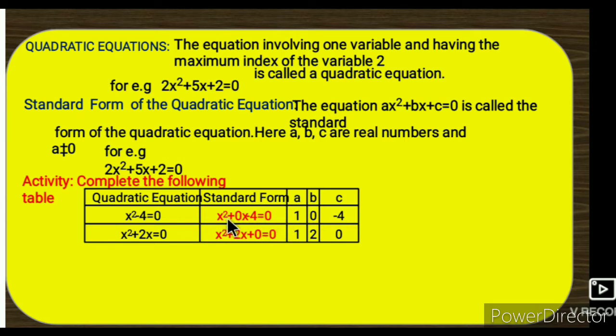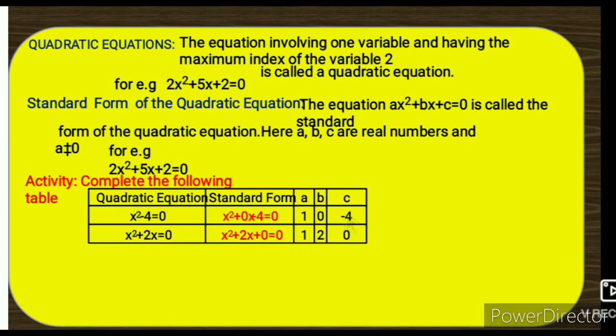Then compare this equation with ax square plus bx plus c is equal to 0. We get the value of a, meaning the coefficient of x square. Here there is no written coefficient, it means the coefficient is 1. Therefore a is equal to 1. b is equal to 0, b meaning the coefficient of the x variable. And c is the constant term, which is negative. Therefore c is equal to minus 4.